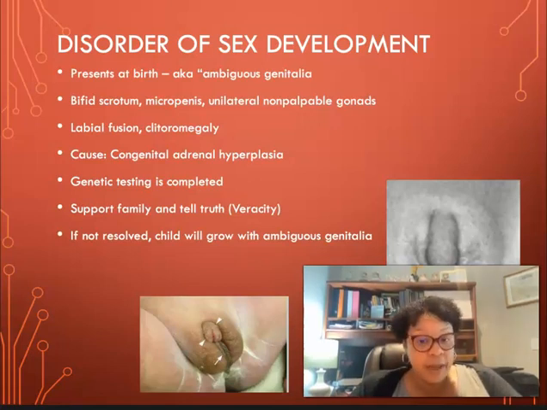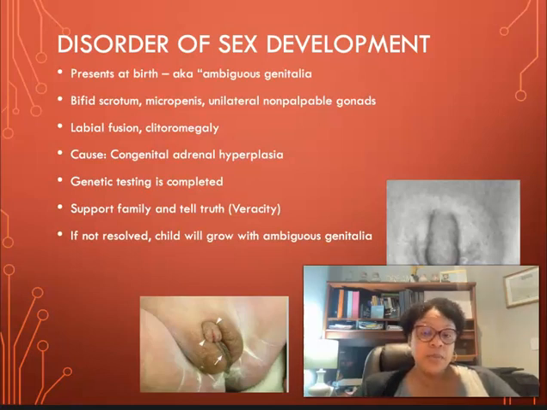So now let's talk about how we identify this child before they go home. That is up to the parents. We can do genetic tests to see whether this is more of a girl or a boy.